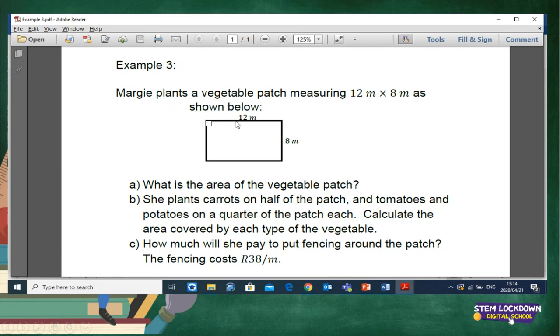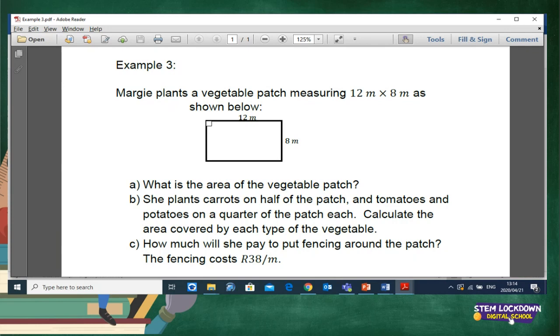This patch is structured in such a way that it is on its own a rectangle where the length is 12 meters and the breadth is 8 meters. So obviously, if you want to calculate the area, you will have to multiply 12 by 8 in order to get the area.